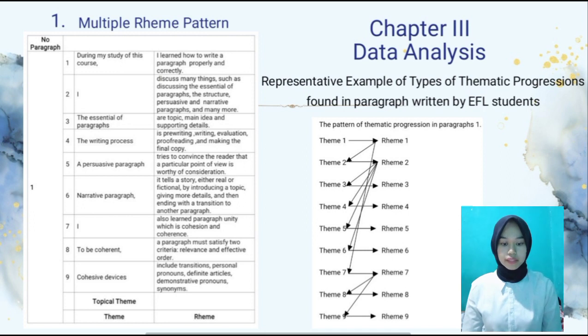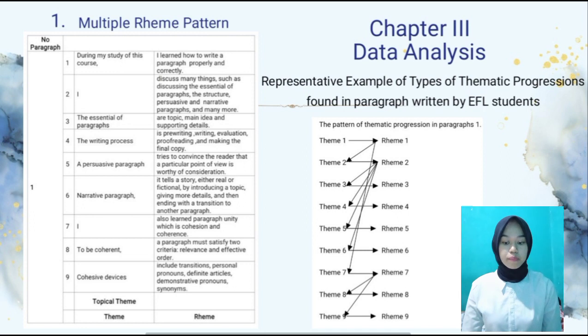From paragraph 1, in the table we can see that the paragraph contains 9 sentences. We can see in the diagram that the multiple rheme pattern repeats the rheme in sentence 1, which is taken to create a theme as theme 2 and theme 7.